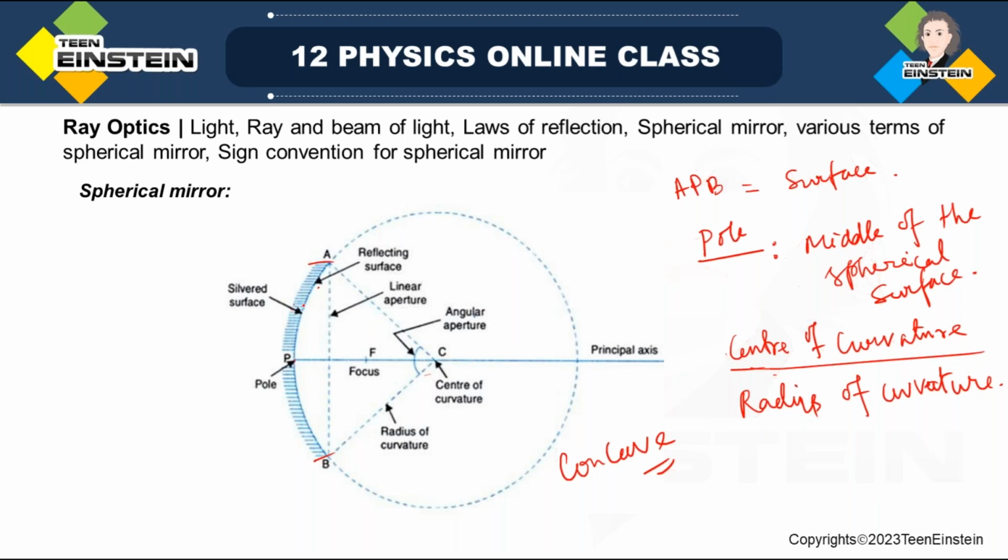The reflecting surface is a part of that sphere. We can say the radius of curvature is the radius of that sphere of which the reflecting surface is a part.